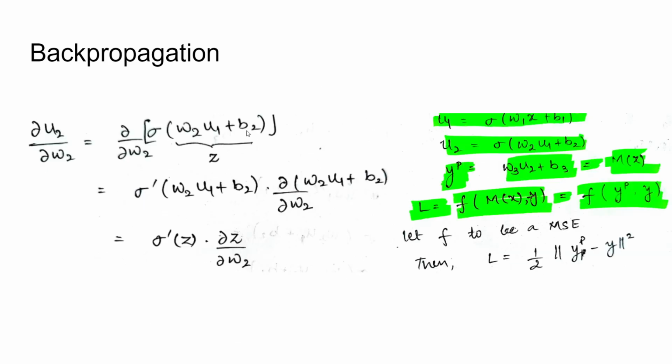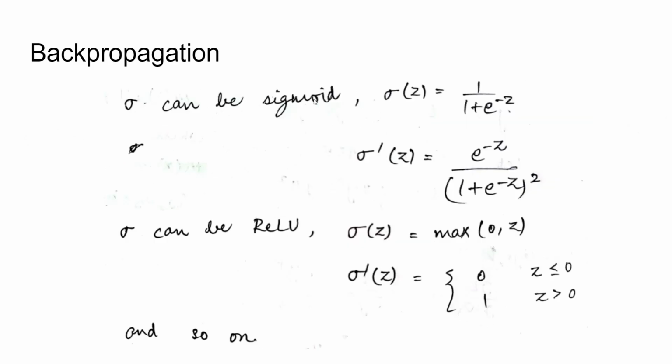Now, what will be the derivative of sigma? Sigma can be any nonlinear function. Suppose sigma is a sigmoid. If sigma is a sigmoid function, then it is represented as 1 upon 1 plus e to the power minus z, and the derivative of the sigmoid function is equal to e to the power minus z upon 1 plus e to the power minus z, the whole squared.